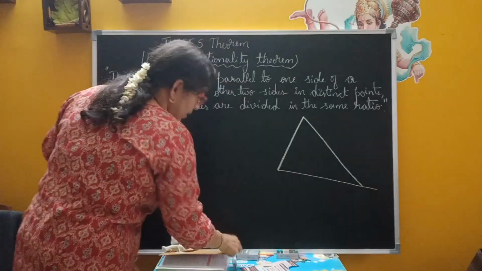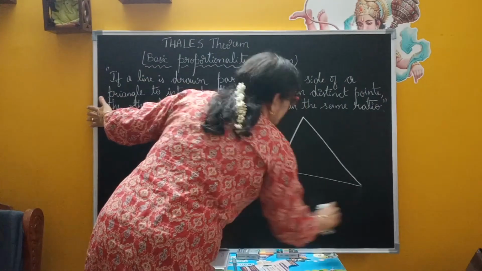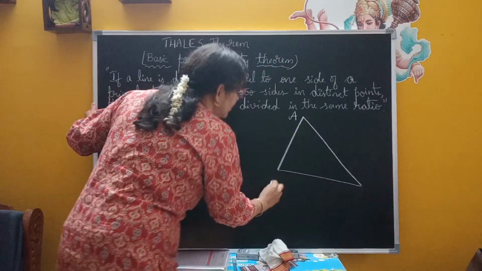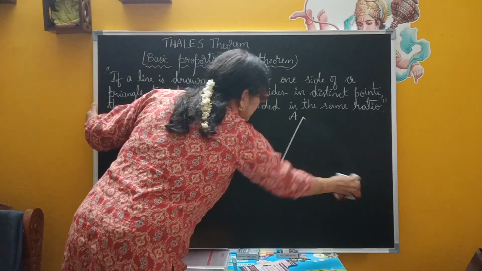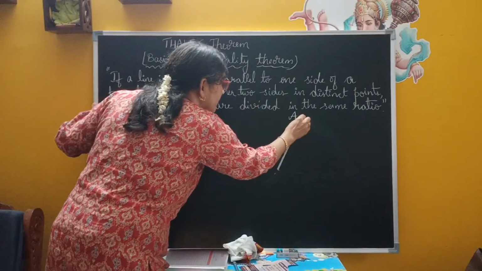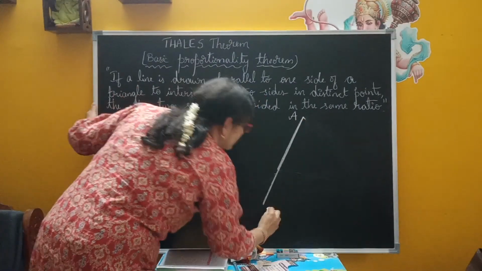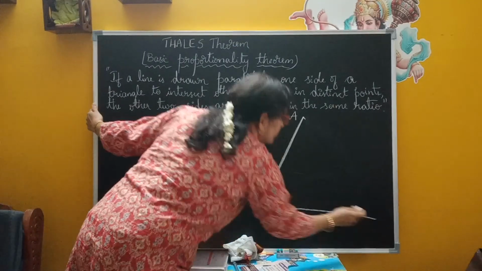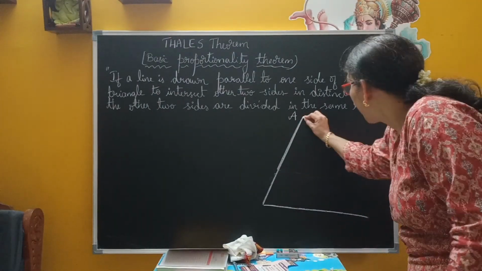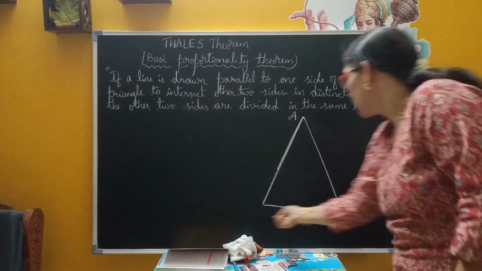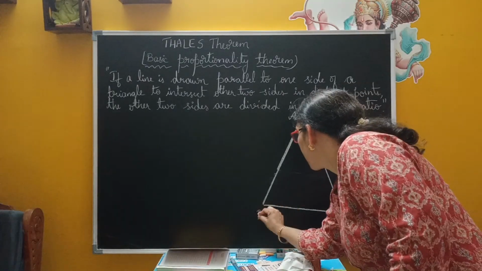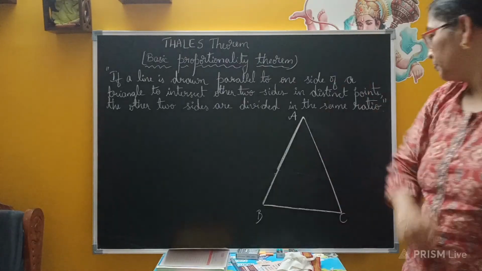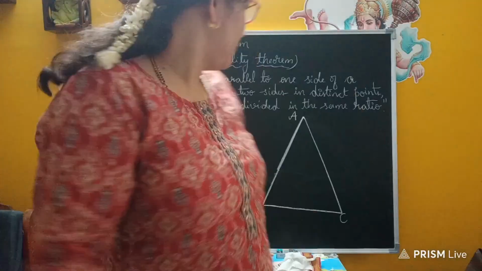I'll draw a little bigger one, it is then easy to understand. Okay, we get triangle ABC. Now I name this vertex as B, this as C. Now we have a triangle ABC.